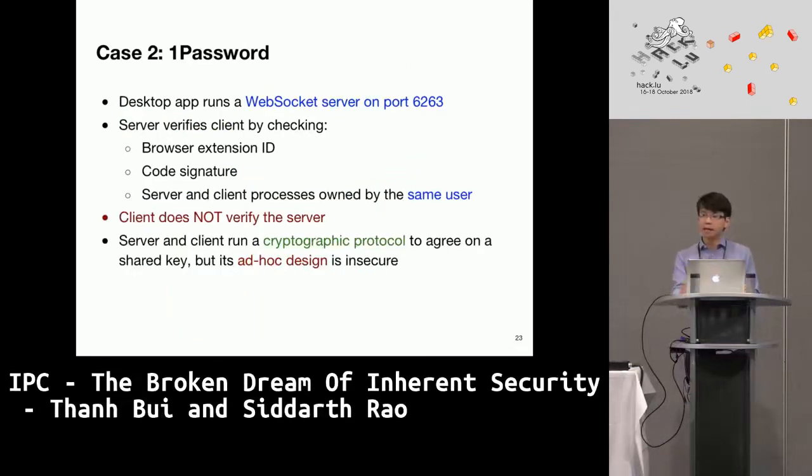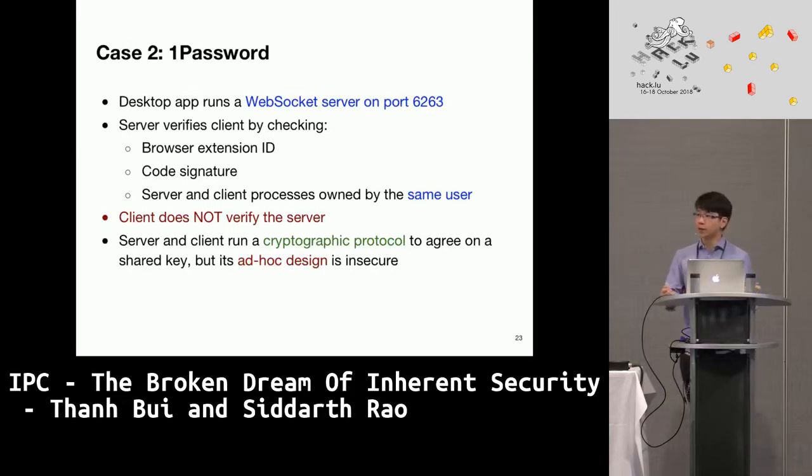The second case study is 1Password, another popular password manager. This is more interesting because 1Password tries to give some security on the IPC channel, but it's not good enough to defend against the MITM attacker. Here, the app runs a WebSocket server on port 6263 and waits for connections from the browser extension.